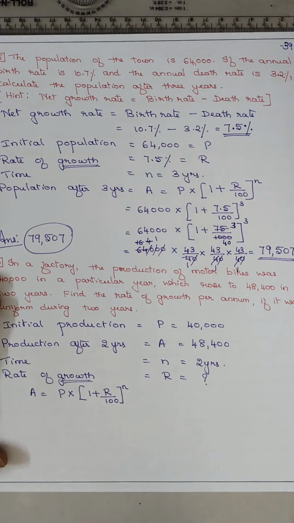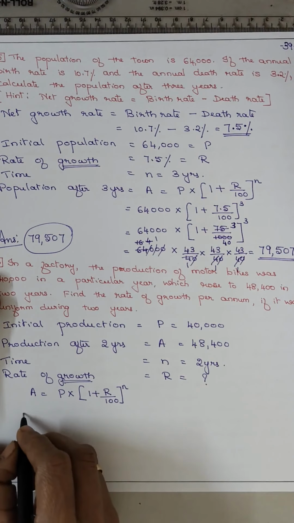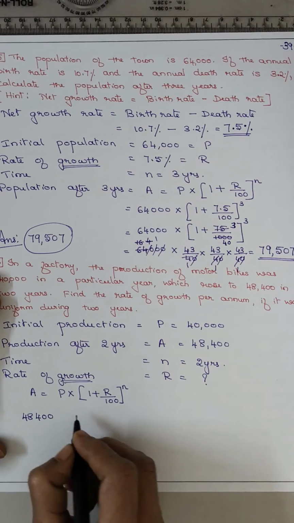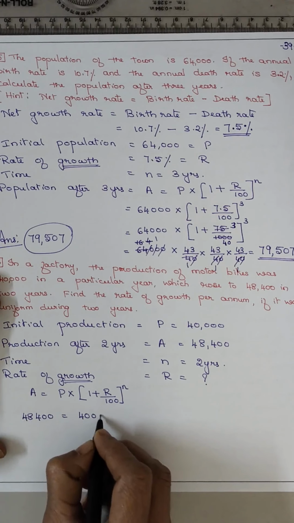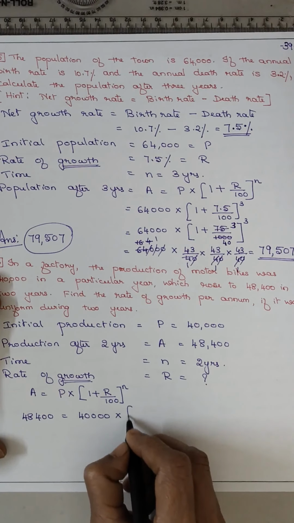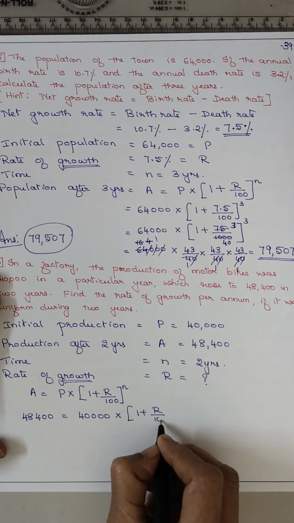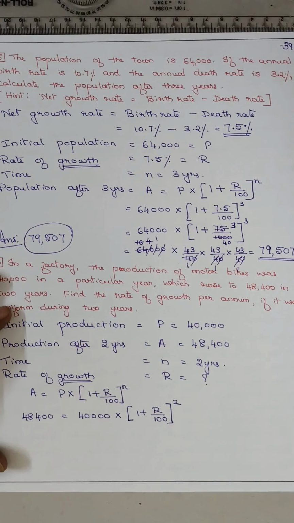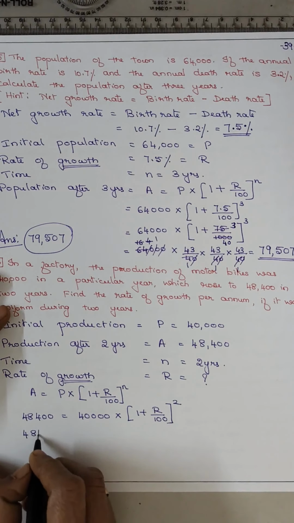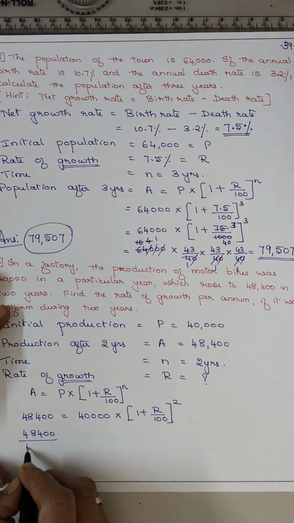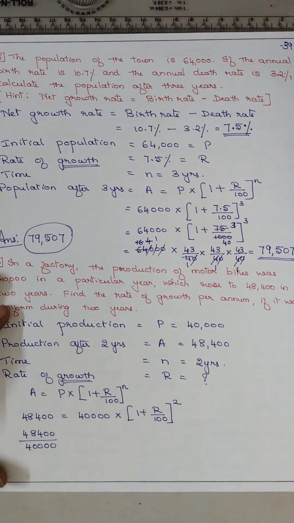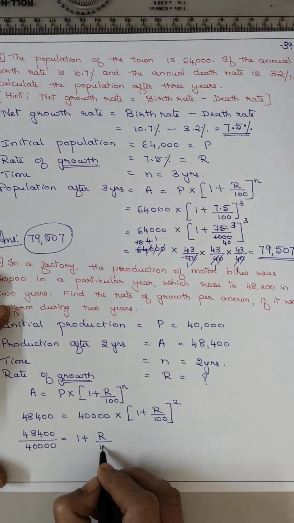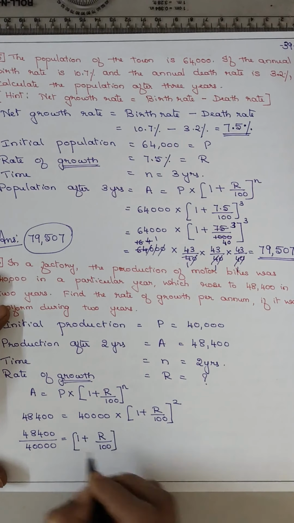Now the amount A is 48,400 is equal to 40,000 into 1 plus r upon 100 the whole raised to 2. Now 48400 upon 40,000 is equal to 1 plus r upon 100 the whole raised to 2.